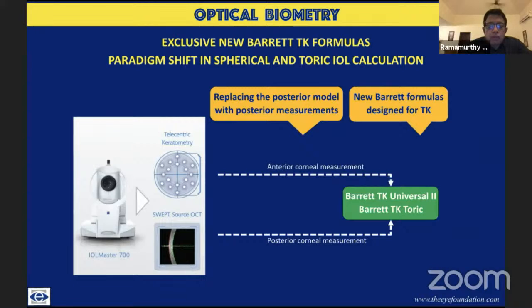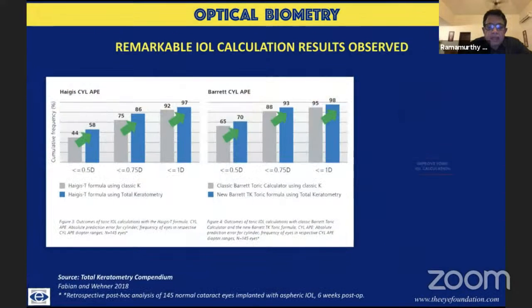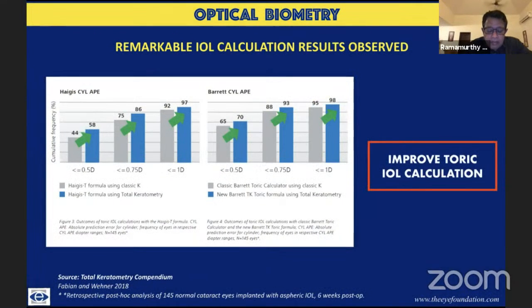Now we also have the Barrett True K Toric formula, which is essentially used for the intraocular lens power after a post-refractive surgery scenario. Because of the exact measurement of the anterior curvature and the posterior curvature, the specificity as well as the precision of these formulas is significantly enhanced.